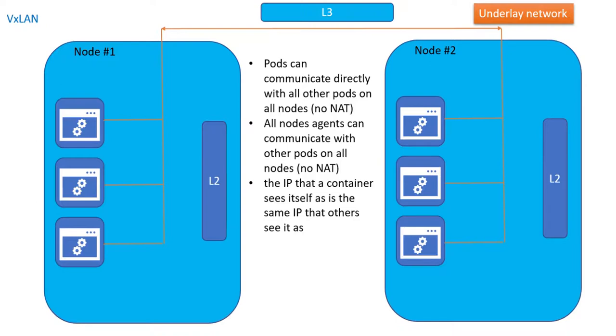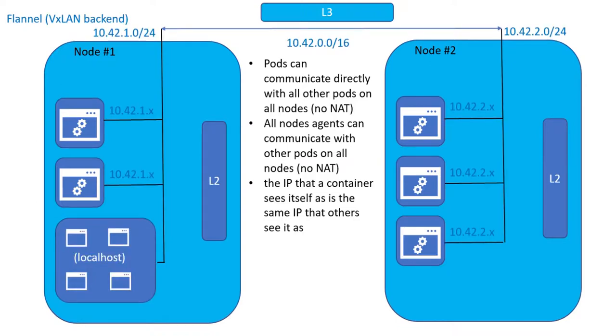And it happens that VXLAN is a perfect solution for it. VXLAN is also the recommended backend for Flannel, which is exactly how Flannel makes all the pods and containers connected. So it's spreading the big network over a whole cluster and assigning subnetworks of this network to the particular nodes. And then the CNI plugin is attaching IPs to pods, and within a pod, all the containers see themselves as localhost.